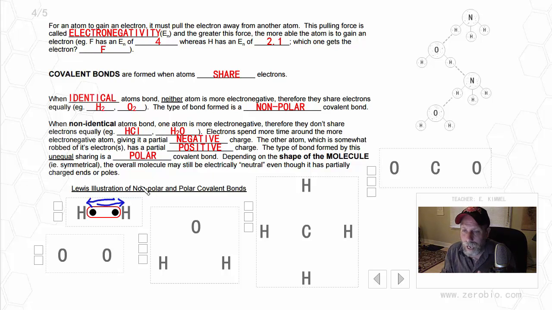And so therefore that bond is a non-polar covalent bond. There is no buildup of electrons on the left or on the right. In fact, the molecule as a whole, and I know this is going to seem a bit weird, the bond versus the molecule is non-polar. There's no negative end and positive end. Let me go on and I will make that a little clearer to you as we progress here.